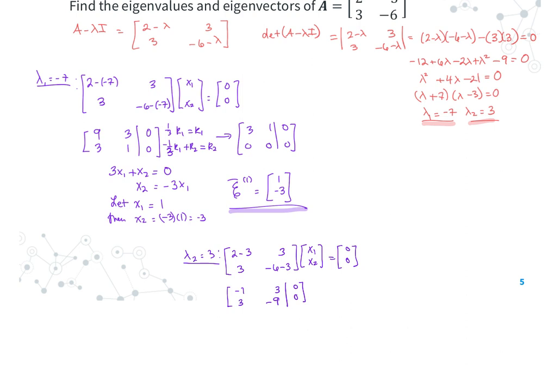We could do negative 1 times row 1 as our new row 1. And we could say 3 row 1 plus row 2 is our new row 2. And when we do that, we find out that we get 1, negative 3, 0, 0, 0, 0.